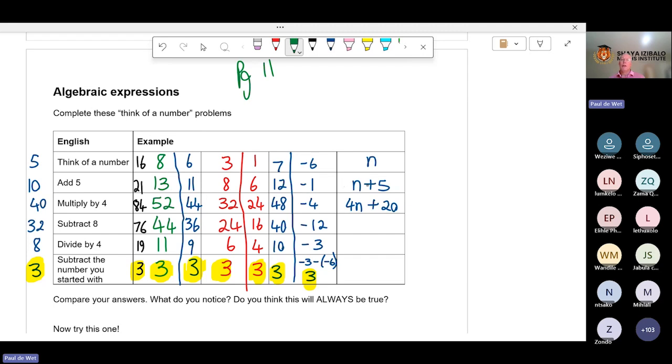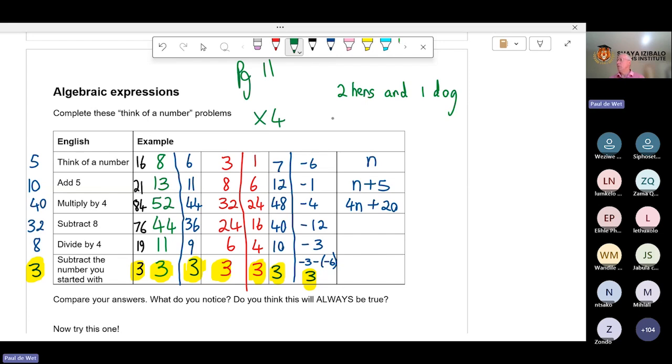When you multiply, I want you to just think about this. Let me give you an example. Suppose you've got 2 hens and 1 dog, and you want to multiply by 4.